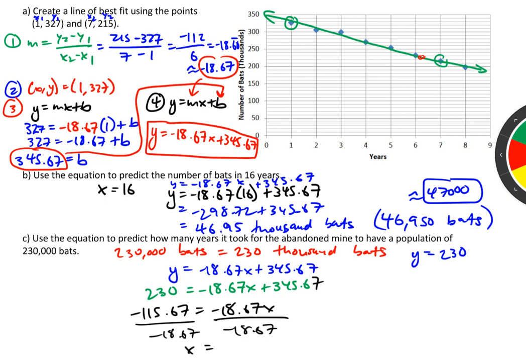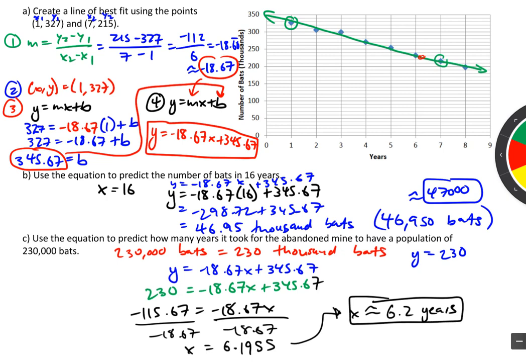Okay, so x looks like it's going to be 6.1955 or so. I'm just going to write this here. Basically, x is approximately 6.2 years. Hey, that seems like what we have up there, about that much. That seems about right based on our prediction, about 6.2 years.